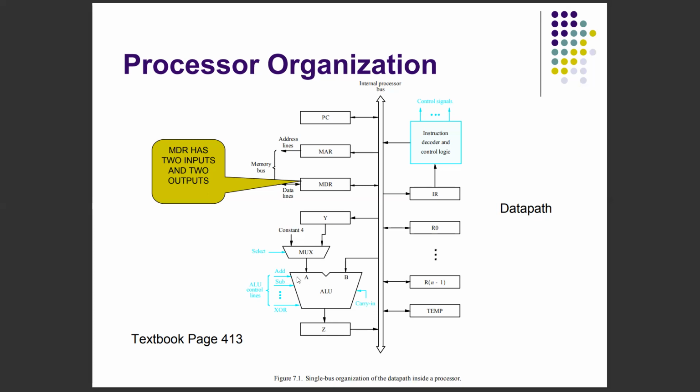The ALU contains two inputs and one output. One input comes from the common bus and the other input from the multiplexer. The ALU gives its output to the temporary register Z. So Z has a Z in line and a Z out line. This is the general organization of the single bus system. We note that MDR contains two inputs and two outputs.